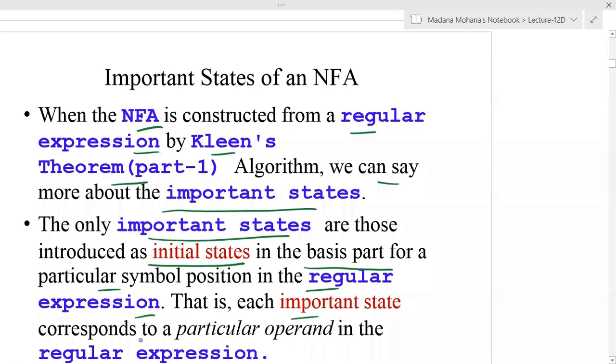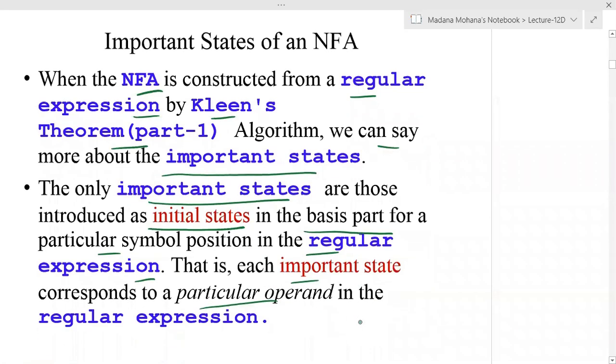The important state corresponds to a particular operand in the regular expression. Operand here is nothing but input symbols. So wherever the input symbols are labeled, those states will be represented as important states.